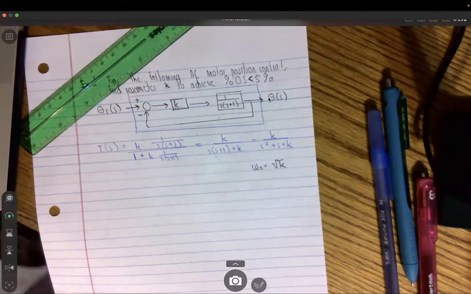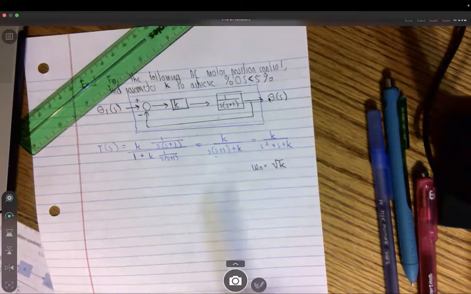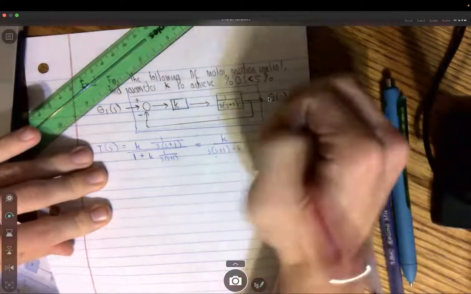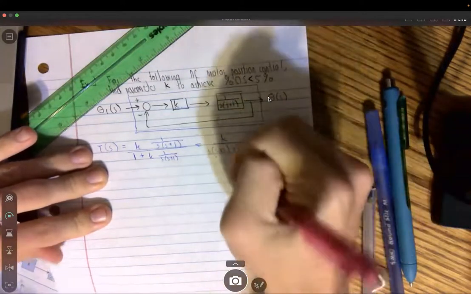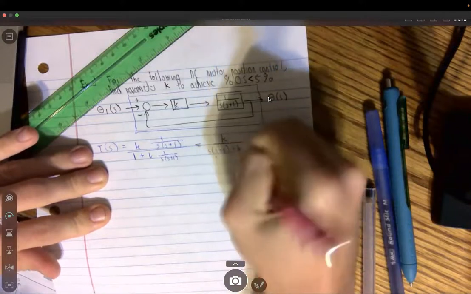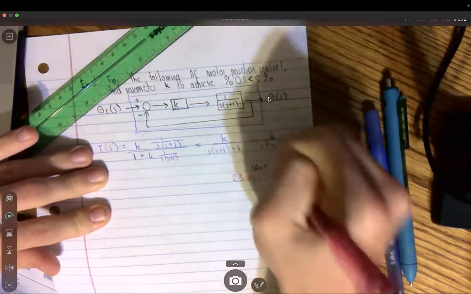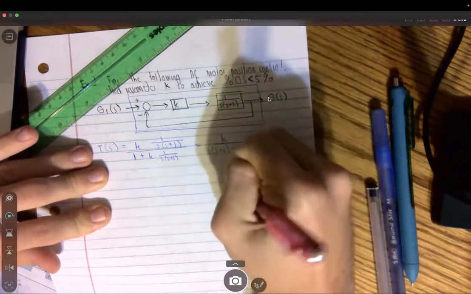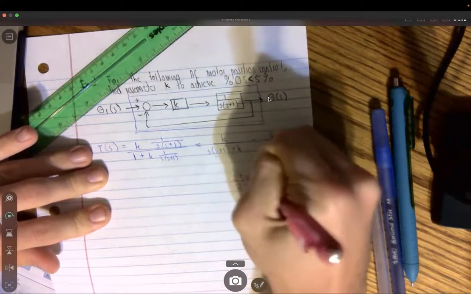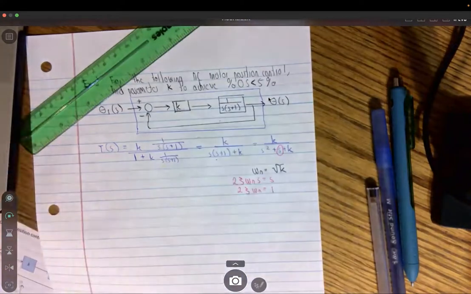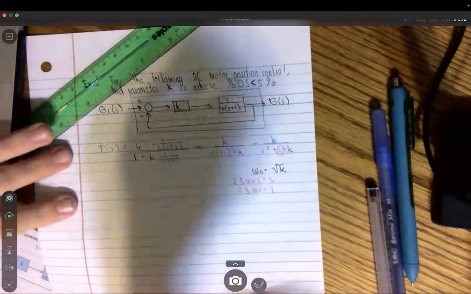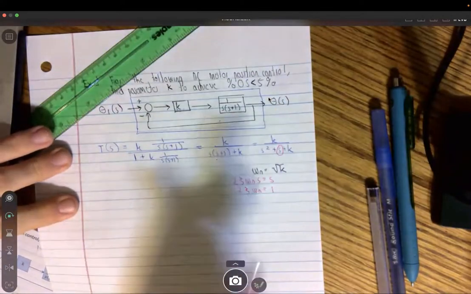Well, remember when we're doing our calculations, in order to find our zeta, we look at the term right here. And so we have 2 zeta omega n s is equal to s. So we have 2 zeta omega n is equal to 1. And now that we're provided this, we know this overshoot has to be less than 5%.